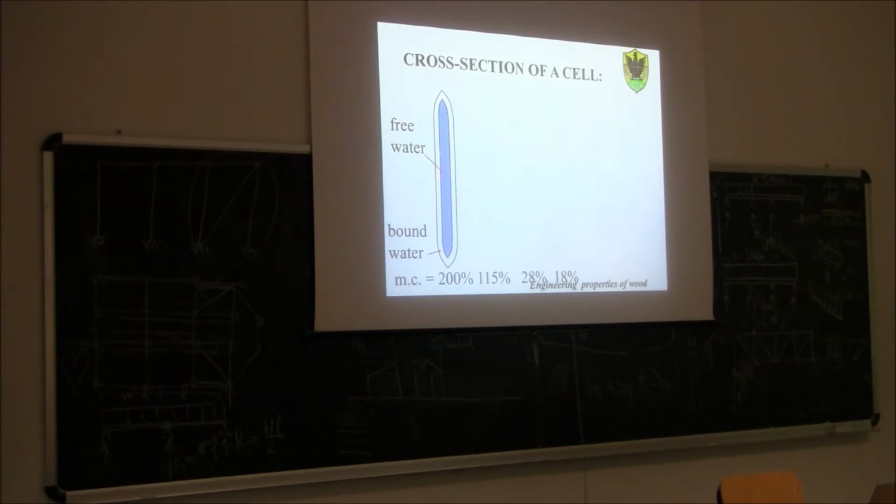The water in the cell lumen is called free water, and all the cells are full of water. There are also some water molecules bound to the wall of the cells with these van der Waals forces. So free water, bound water. The bound water is within this region here. As we said before, when the tree is alive, the moisture content is very high, 200%.